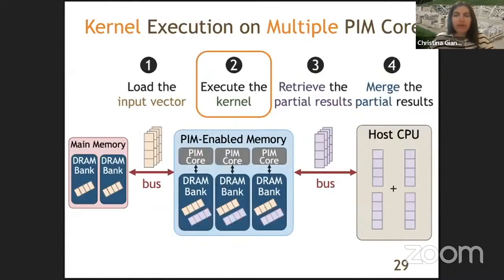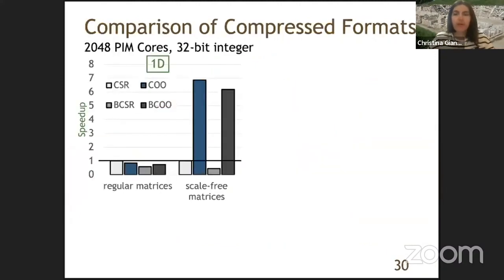So next, we examine the kernel time of the SpMV execution using multiple PIM cores and having 16 threads per PIM core. In this experiment, we compare the 4 compressed matrix formats by normalizing their performance to that of the CSR format.